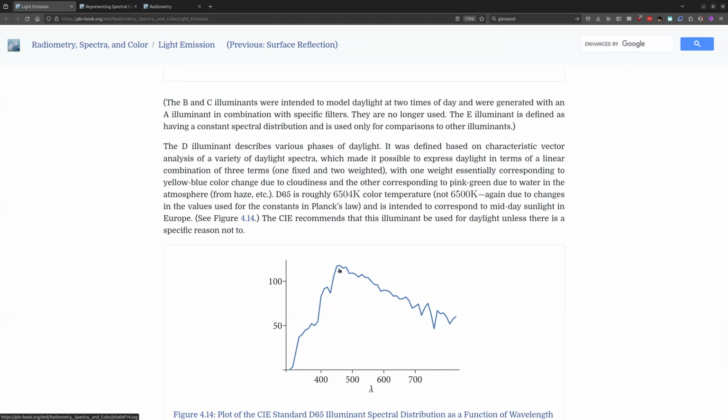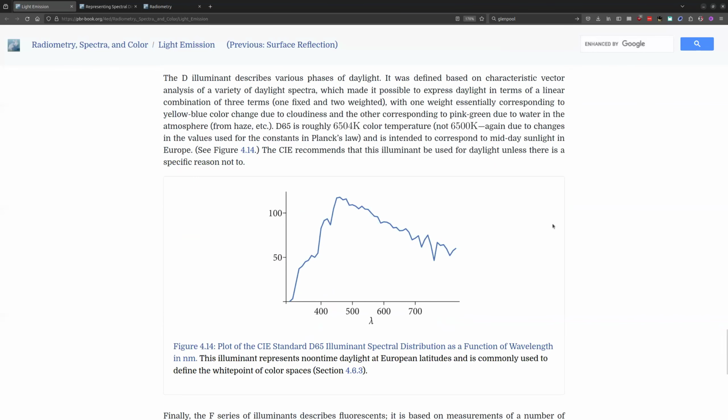How much it's changed is possibly imperceptible to a human eye, but if you're wanting super detailed information, it would be interesting to see if it has a noticeable impact on the way light bounces in our atmosphere.